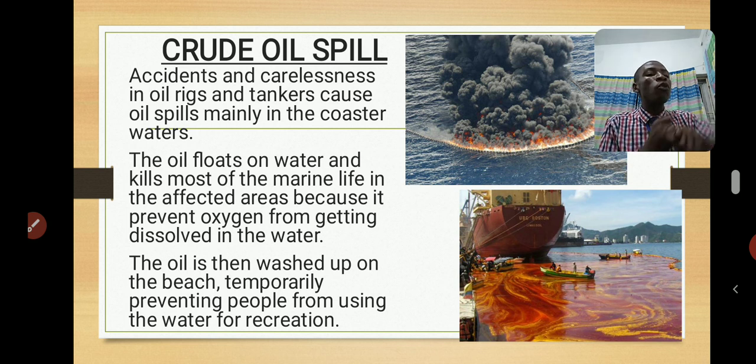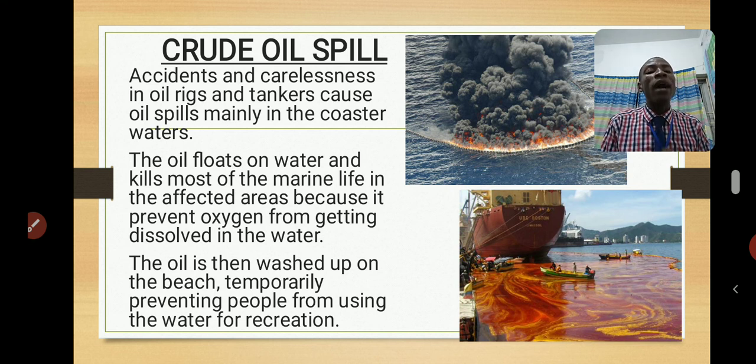Now see how people will be losing their employment because of crude oil spillage. See how people will be losing their livelihood because their major occupation in that area is, what do you call it now, fishing. So when there is crude oil spillage and the fishes die, what should they eat and what would they go and sell in the market? If they go to sell fishes that have died of oil spillage, they are also killing people.